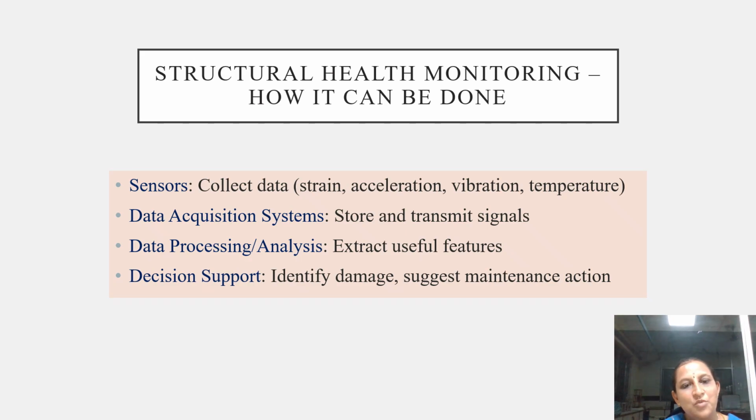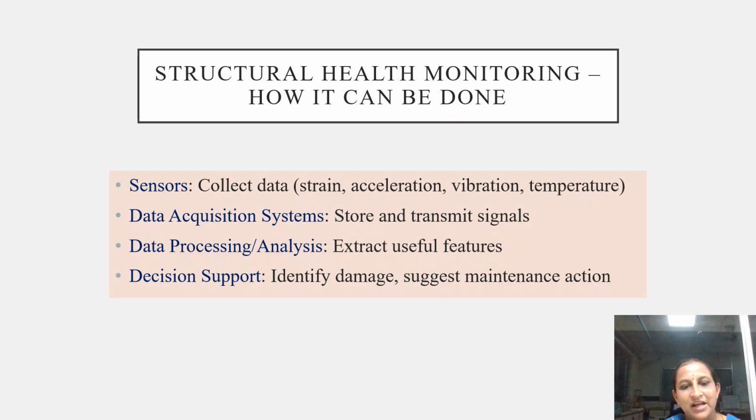Structural health monitoring can be done in four major steps. First is fixing of sensors, which are mainly used to collect data related to strain, acceleration, vibration and temperature. Data acquisition systems are used for storing and transmitting the signals, and data processing or analysis is done to extract only the useful features which are required for monitoring the health condition of the structure.